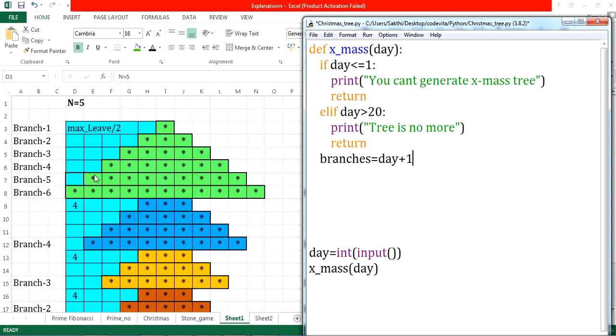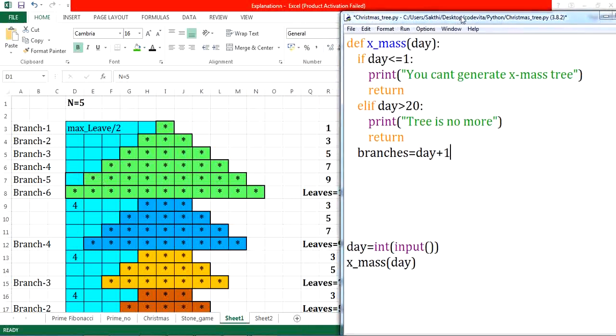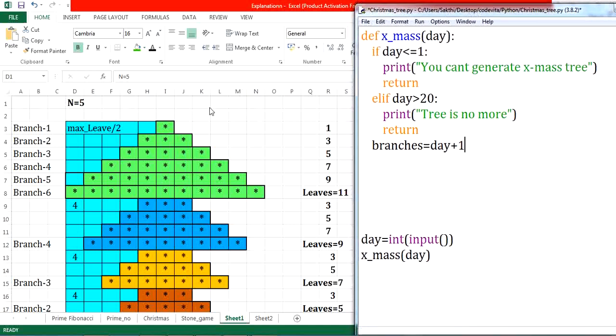And next, what is the number of leaves here? You can find out here. The number of leaves for the topmost branch of part 1 is 1, 3, 5, 7, 9, 11. So these are the leaves, and the maximum leaf count is 11. How is this 11 formed? For this it is 11, and for part 2 it gets reduced to 9, next it is 7, and next it is 5.